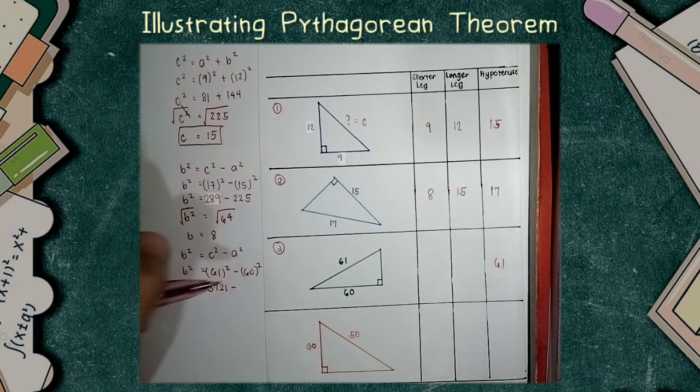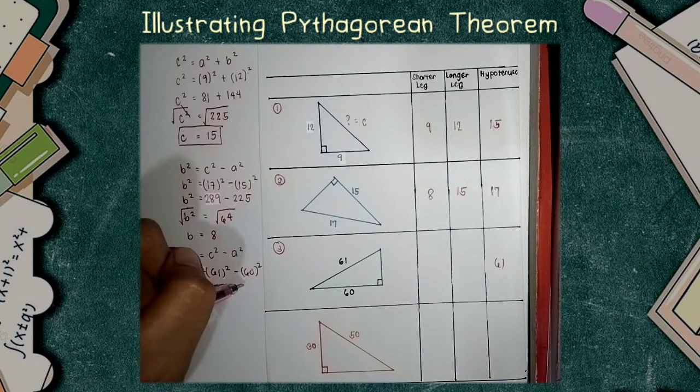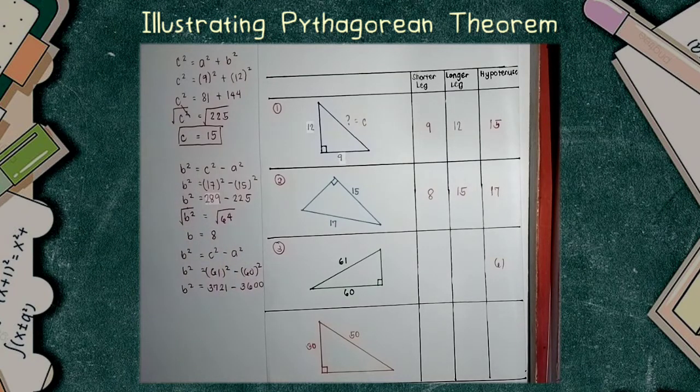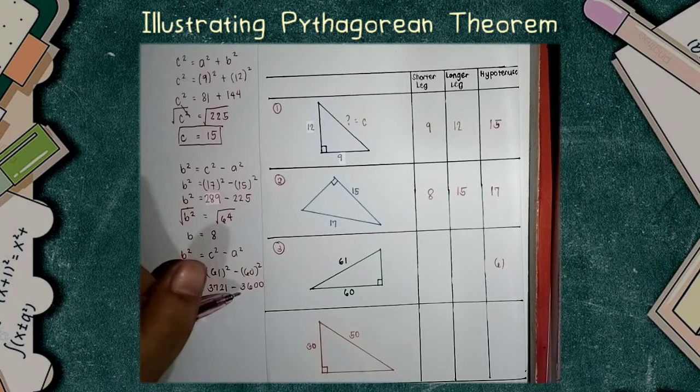We know that 6 times 6 is equals to 36 and add 2 zeros, so 60 times 60 is equals to 3,600. Then 3,721 minus 3,600 is equal to 121.